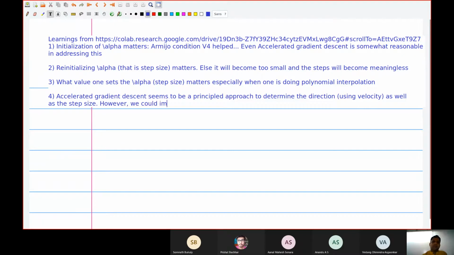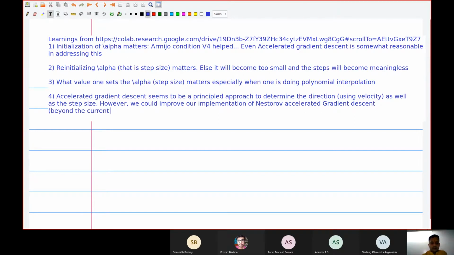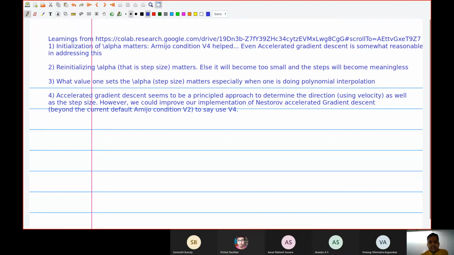However, we could improve our implementation of Nesterov accelerated gradient descent beyond the current RVO condition V2, the default.